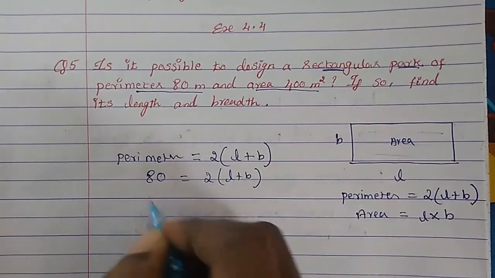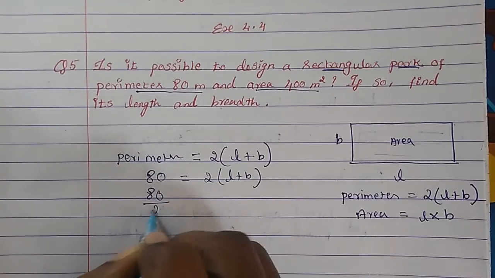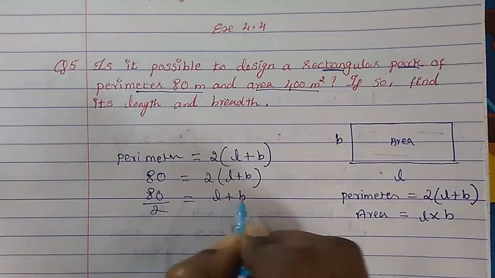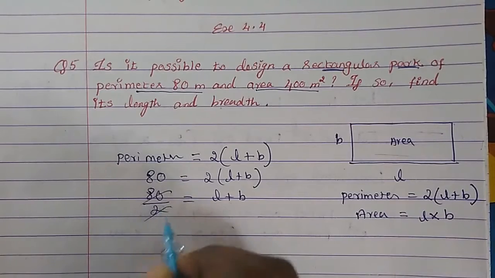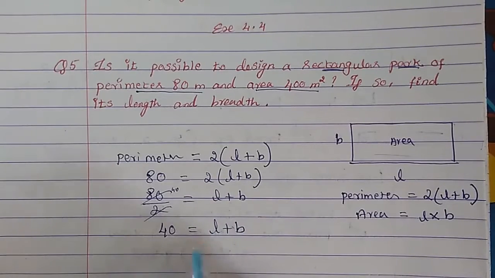This 2 let us bring this side. When it comes here, multiplication goes to division, we will have L plus B equals 40. So 40 is L plus B, means length and breadth together gives us 40.